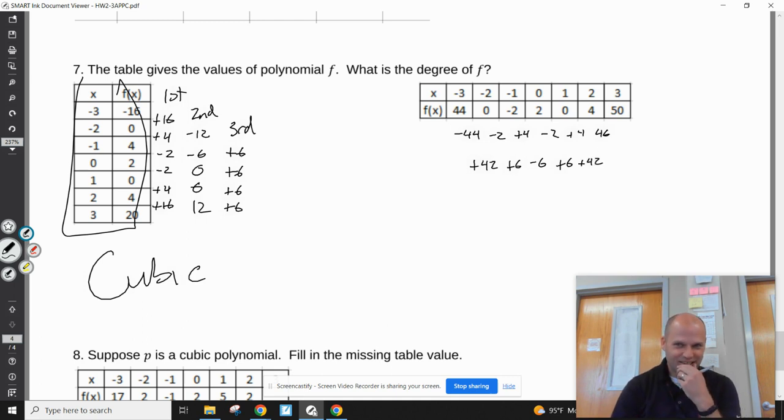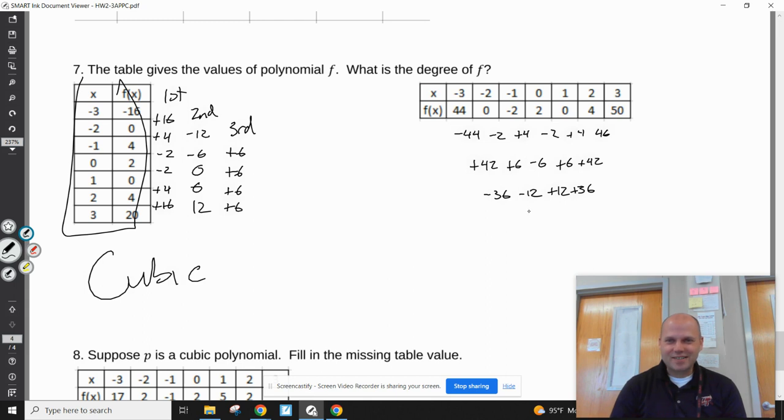Okay. These are so funny. 42 to 6, minus 36. 6 to negative 6, minus 12. Negative 6 to positive 6, plus 12. 6 to 42, plus 36.